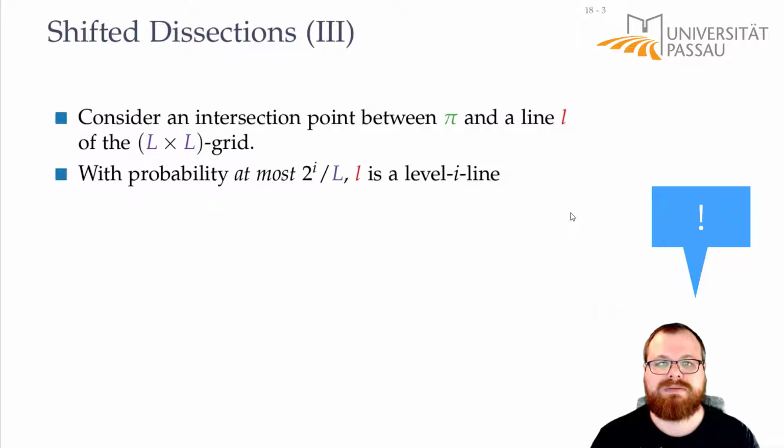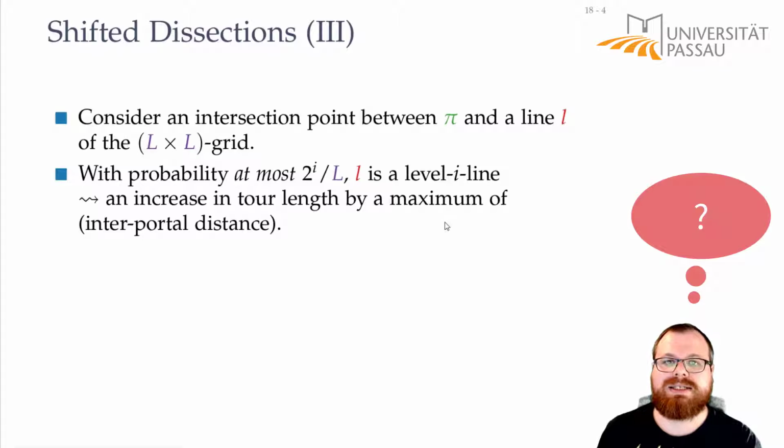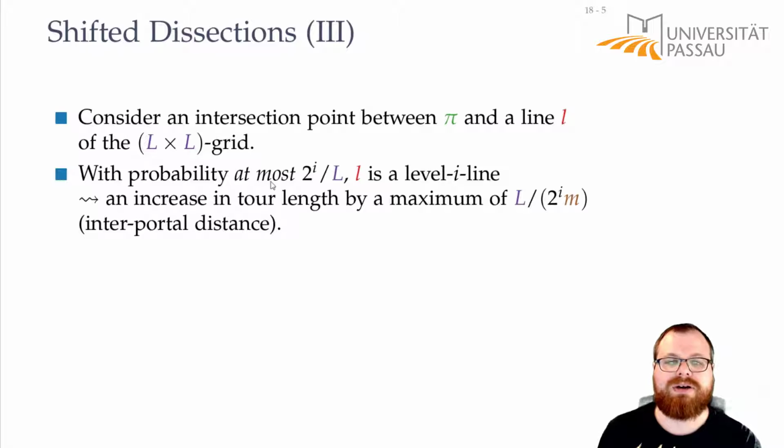How much do we increase the solution if we cross a line of level I? That's the interportal distance. And how much is the interportal distance at level I? Well, if you look back, we chose it to be L divided by 2 to the I times m. And now everything comes together. Now all these numbers finally make sense. Because we have a probability of at most 2 to the I divided by L that we increase it by L divided by 2 to the I times m.